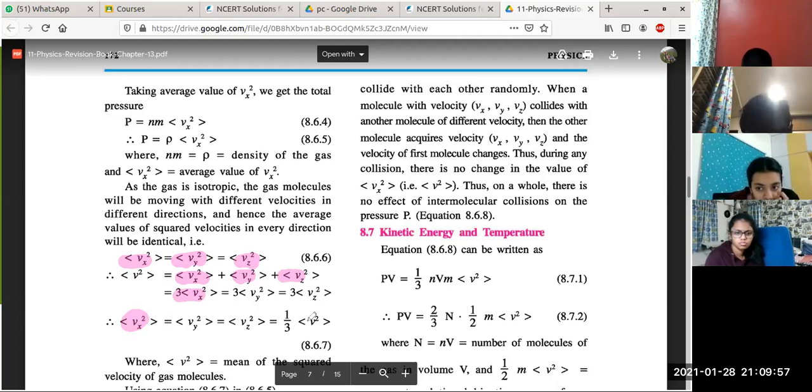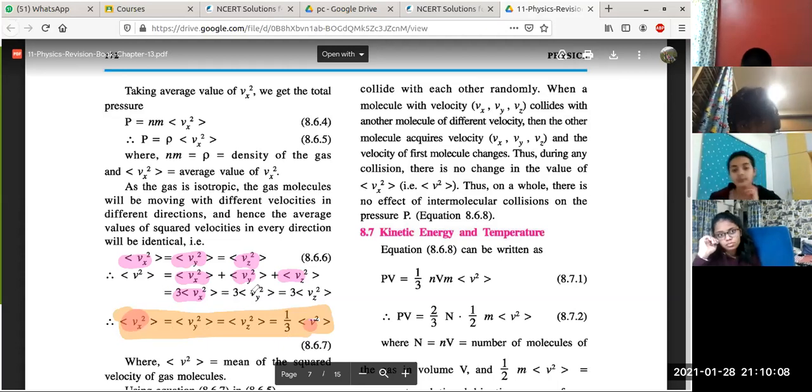So this is what you have to write. The last orange one should be understood. And also write this: V square means the mean of the squared velocity of gas molecules, very important, the mean of the squared velocity.